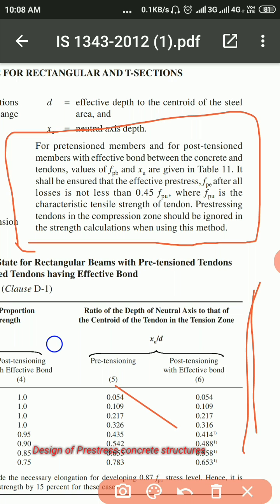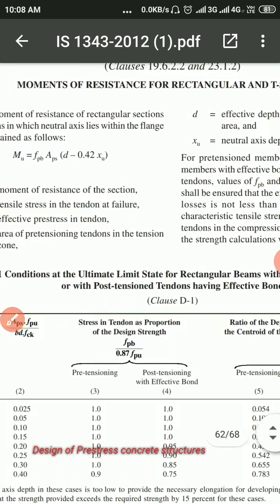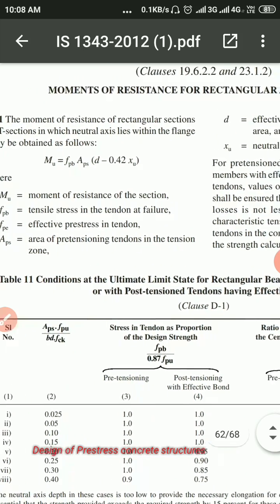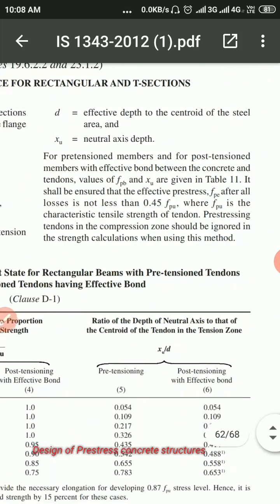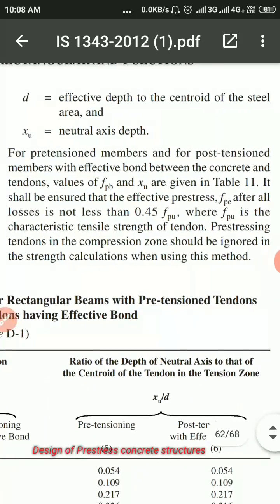In this formula, APS is the area of pre-tensioning tendons in the tension zone. So here we are going to use whatever the stress or area of pre-stressed steel tendons in the tension zone only.